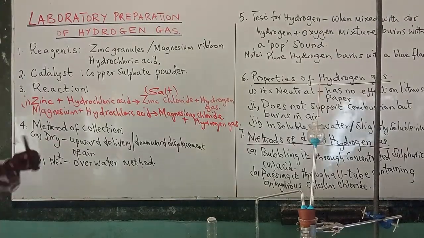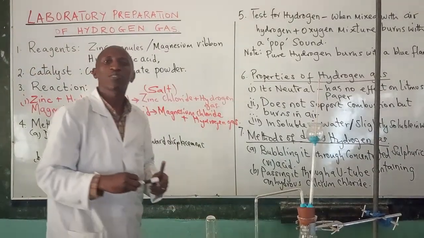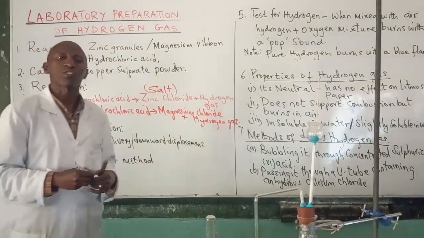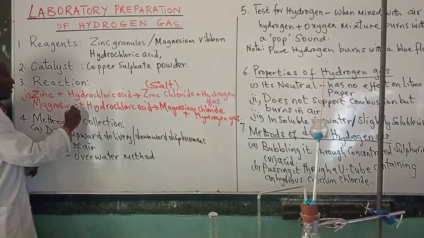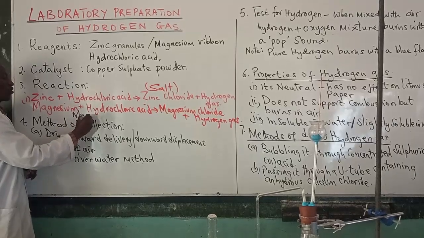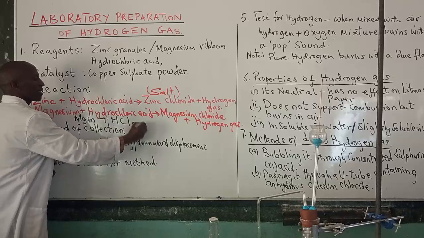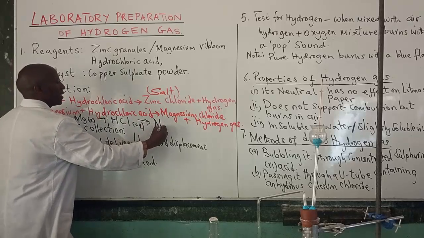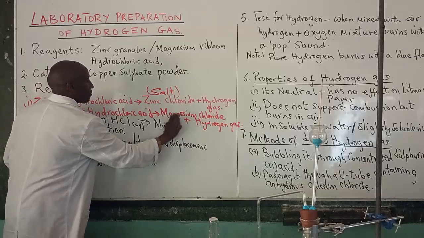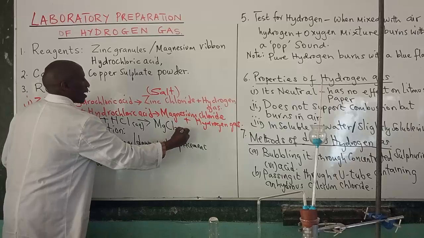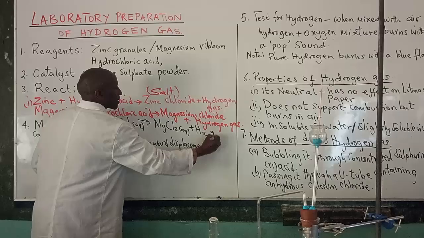Now, later on, we may be able to write the symbolic equation for this reaction. The symbolic equation would be, we have magnesium in solid form reacting with the HCl as a solution, and we get magnesium chloride, which is soluble, so it's aqueous, and hydrogen gas.